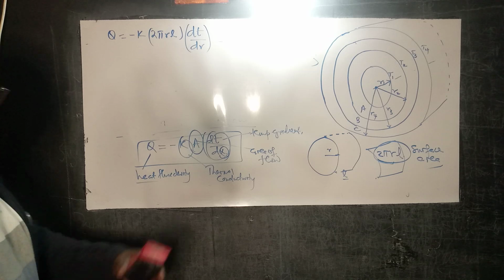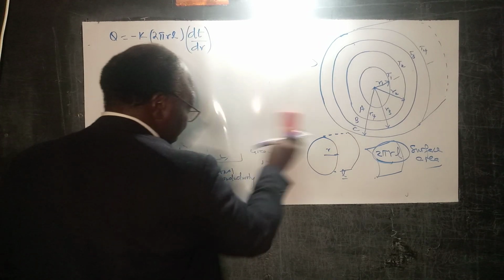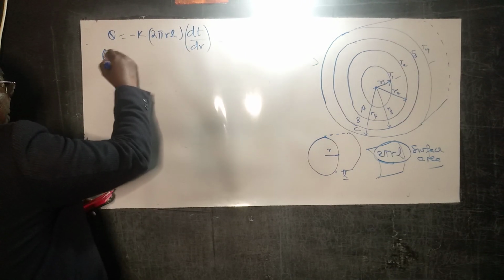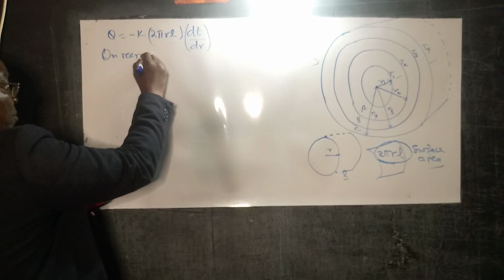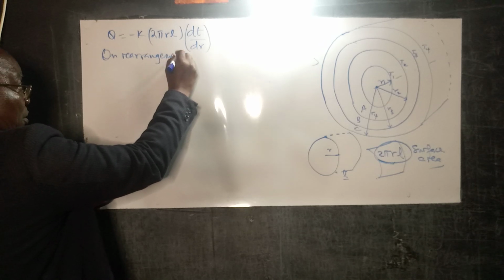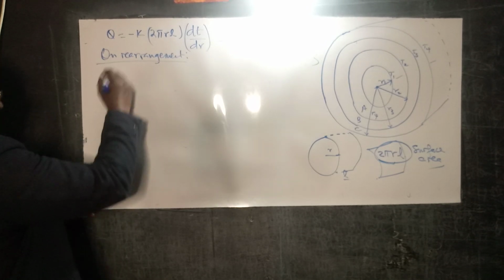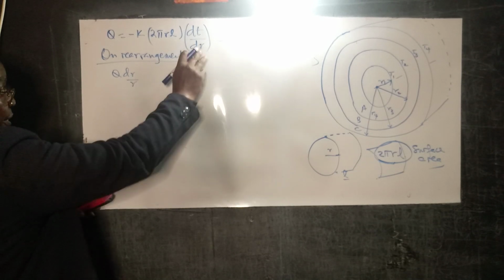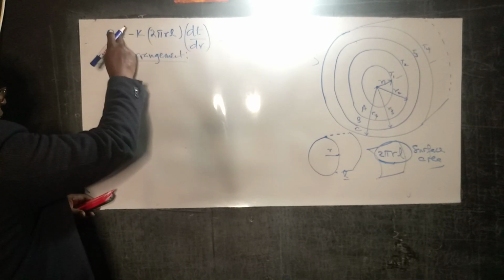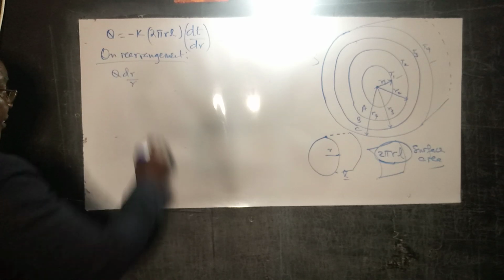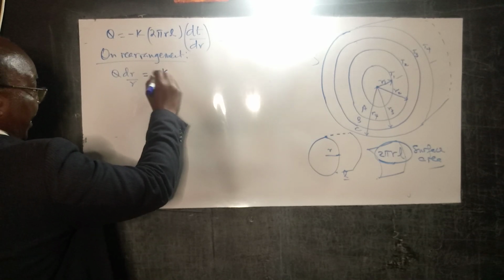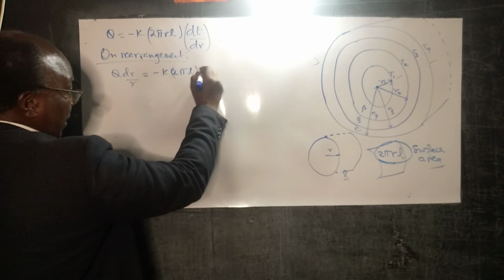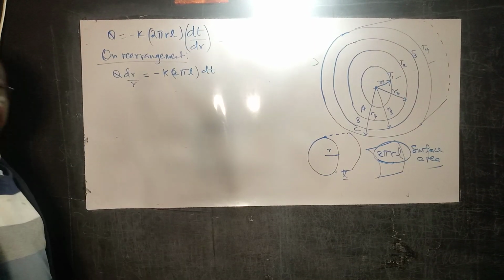So if we do a few rearrangements, on rearrangement, we will have Q dr over r, we've taken the r that side, so we are left with minus K 2 pi L dT.